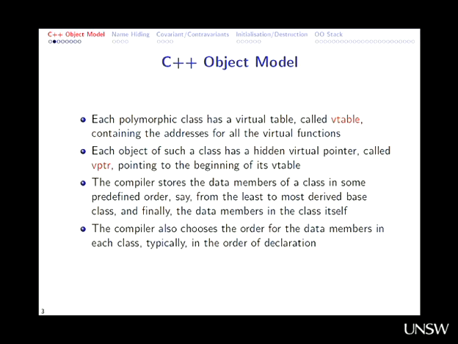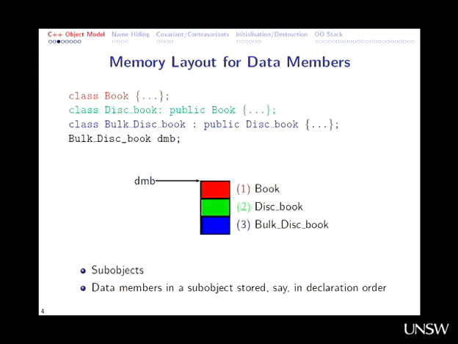And then the compiler stores the data members of this class in some predefined order, and we're going to make the assumption that these things are ordered from the base class through to the most derived class itself. But that's not strictly true, but for the illustrations I'm going to use, we're going to say everything is in that order. And the compiler figures out this order automatically. So it's going to be a little bit of hand waving, but the important idea here is we've got these vtables, and these vtables help us work out at runtime what function to call when.